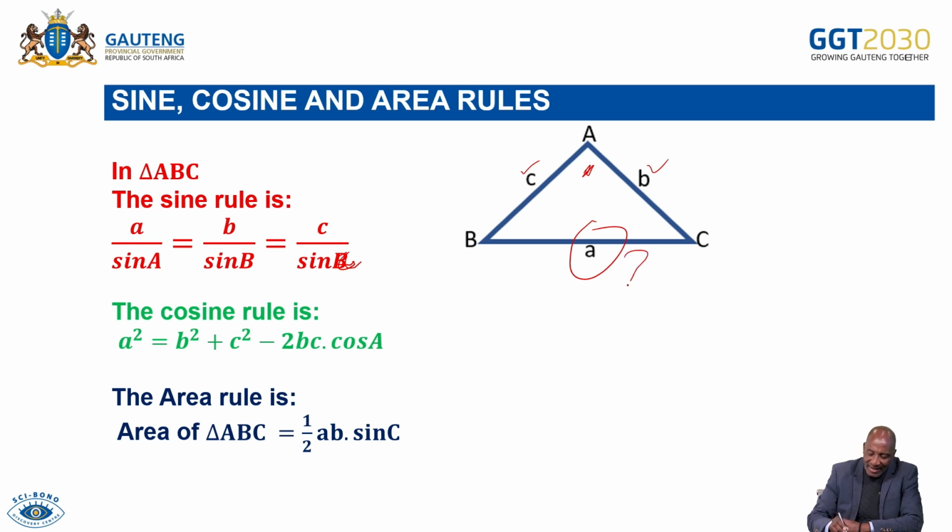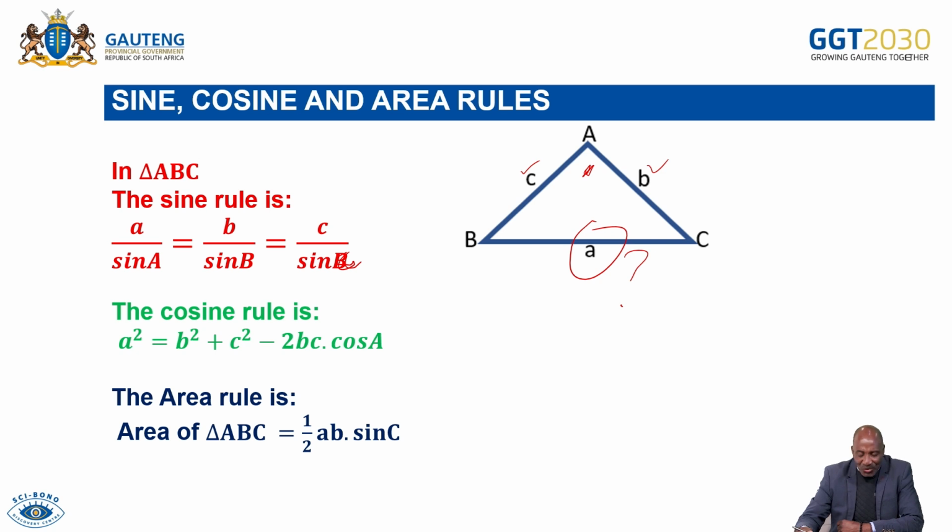In other words, a is unknown. This is where we say a squared is equal to b squared plus c squared minus twice the product of bc multiplied by cos of angle A. We shall see where these rules come from.